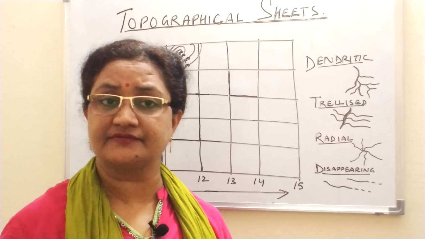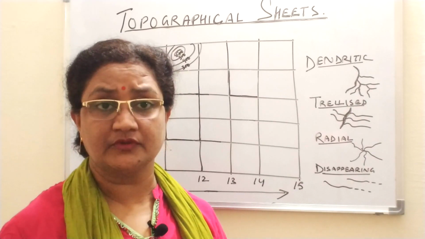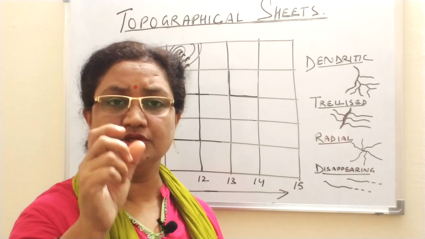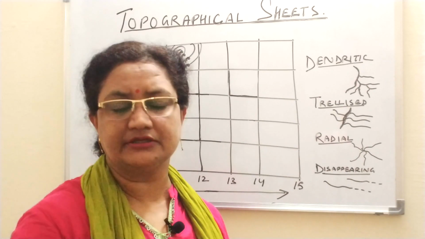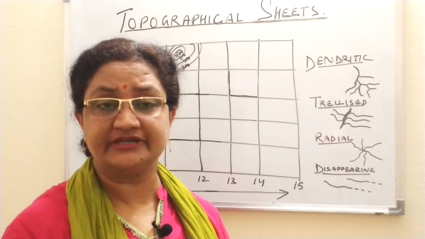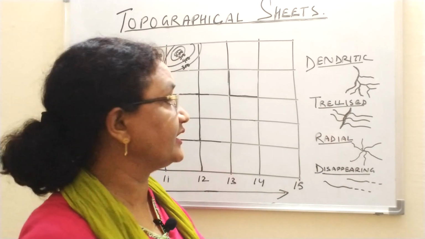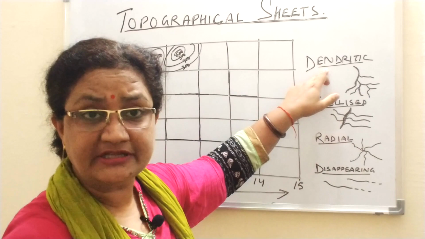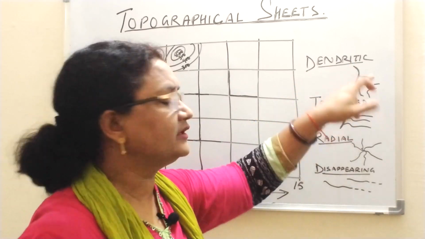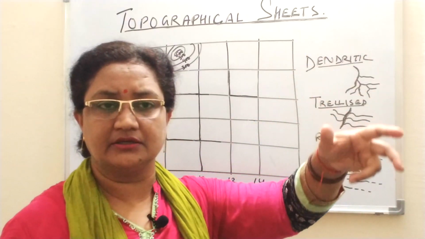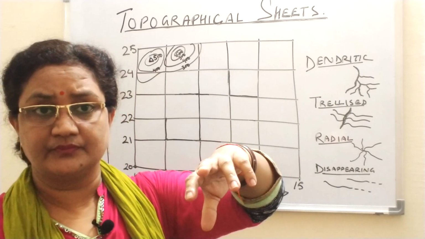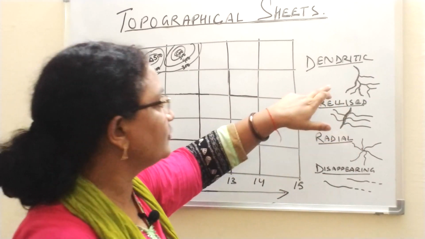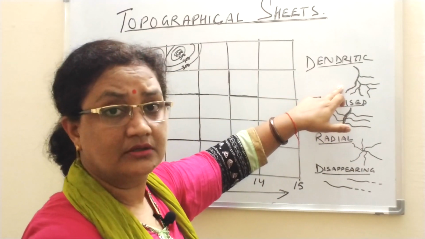In biology you must have studied the nervous system, and in that, dendrons, neurons, dendrons are the terms we use there. By the dendrons you can relate this term, dendritic. That means it has quite a similar shape, the pattern like the dendrons. Okay, so what is this pattern?